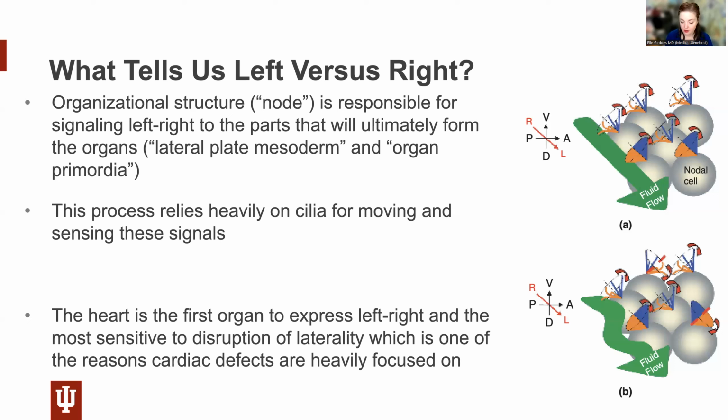And so we're very cardiocentric, and myself included in heterotaxy, but it's mostly because of historically this, and still now, this is one of the first and most clear indicators of left-right axis disruption. And it's very frequently disrupted in patients with heterotaxy.